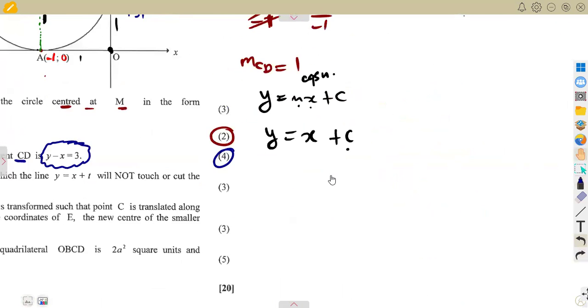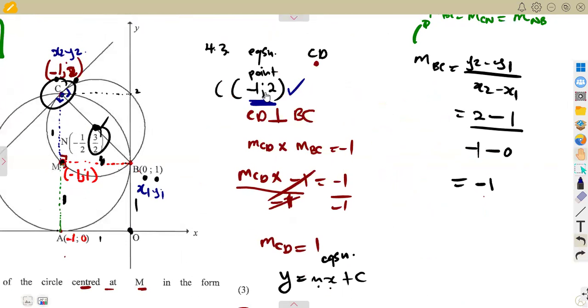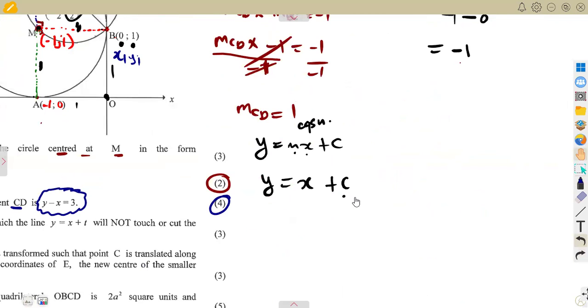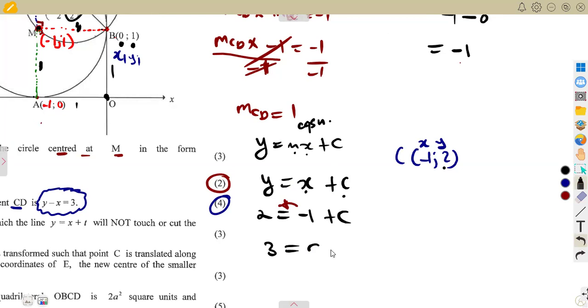This one is the value of c, but there we need the point C. So using the point C, which is -1, 2, we take the x and y values there: 2 is equal to x, which is -1, plus c. Transpose the -1, that's a +2 plus 1, which is 3, that's c. So therefore, our equation was going to be y is equal to x plus 3.